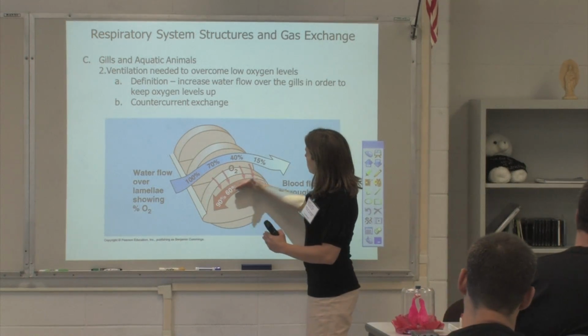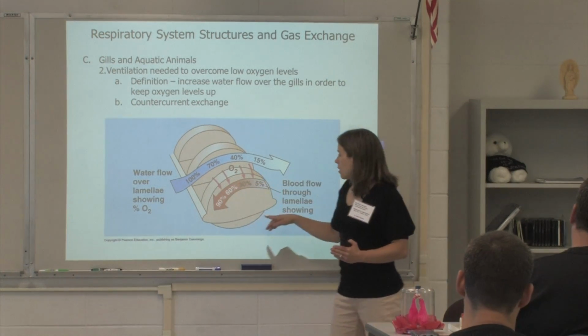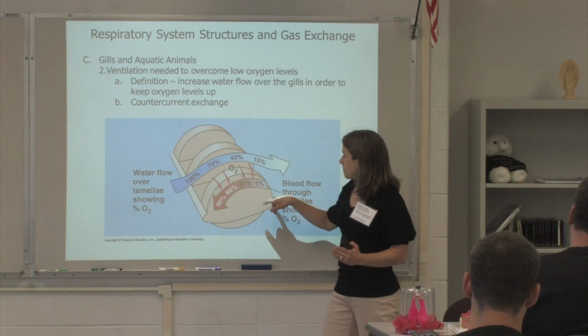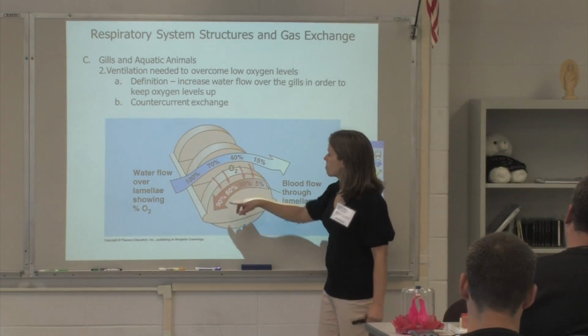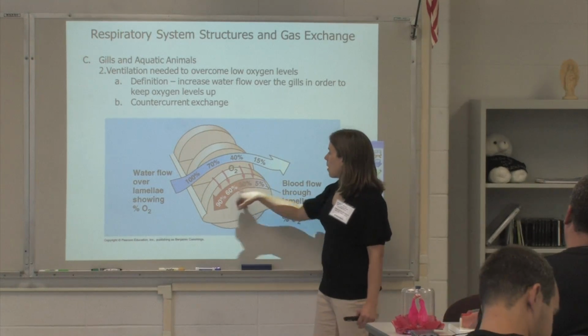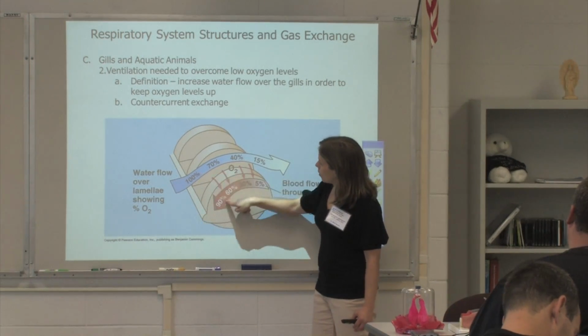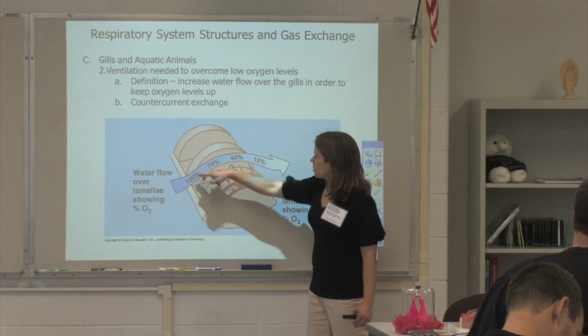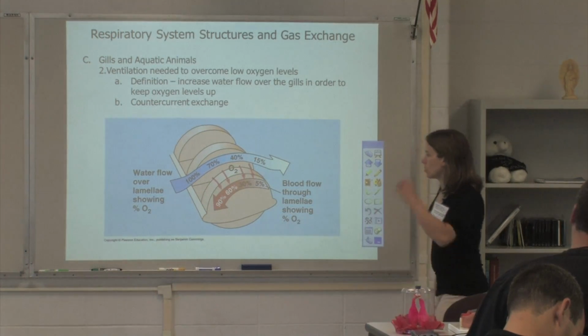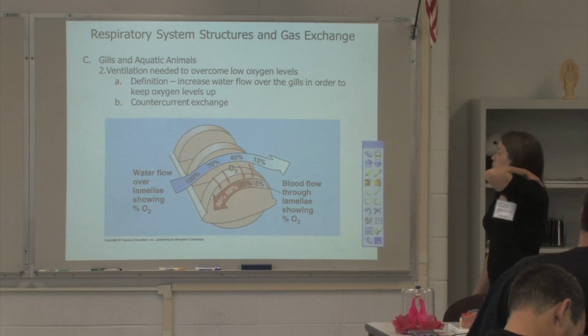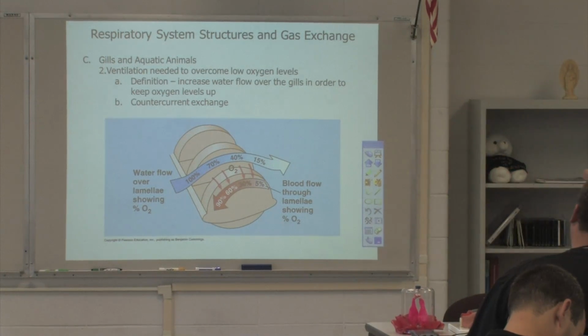As the blood is flowing through the gill, the maximum oxygen is going to be here, but notice that we still have a concentration gradient that favors the diffusion of oxygen from the water into the blood. And that's really important, to always have that gradient.